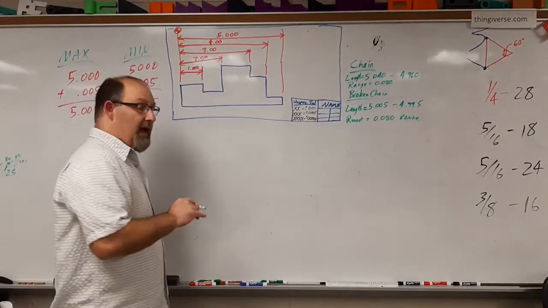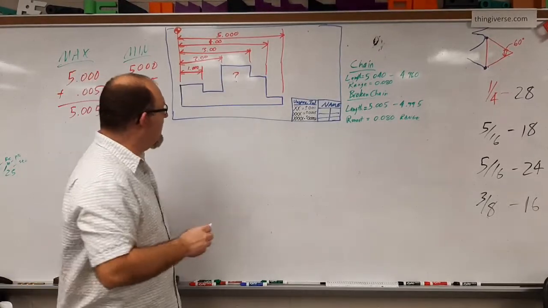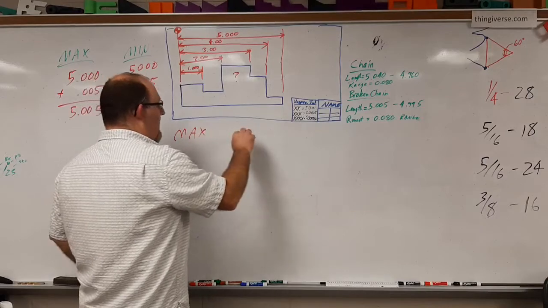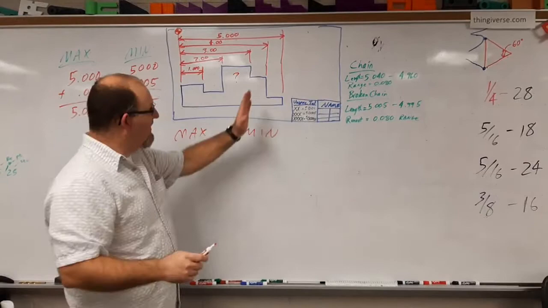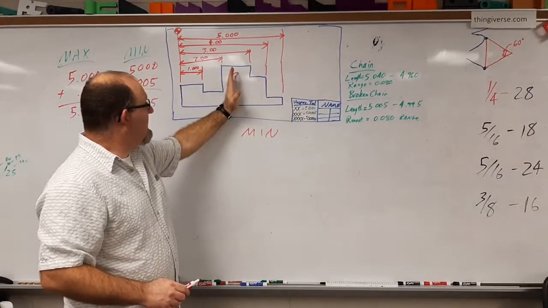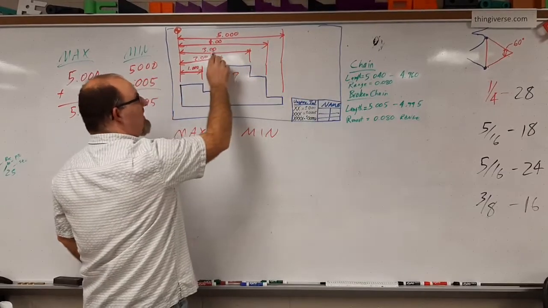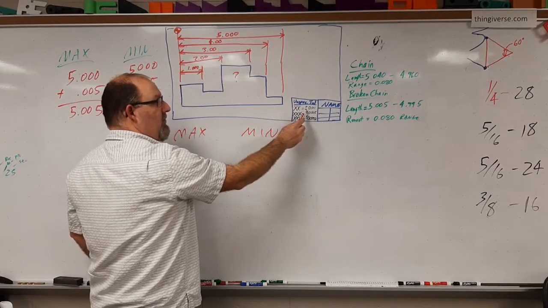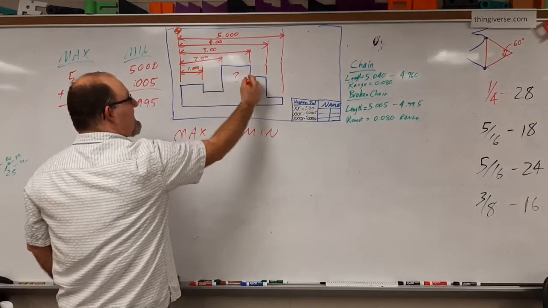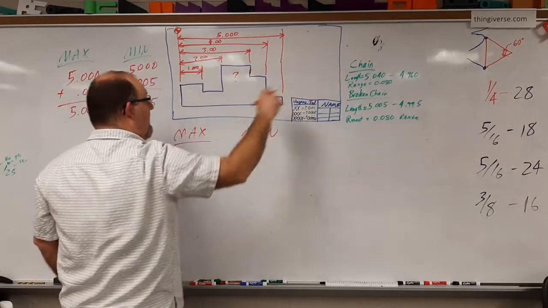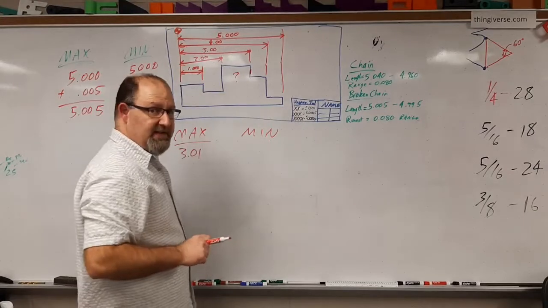I do want to go ahead and highlight, though, let's say we wanted to look at this one, and if we wanted to calculate the maximum and the minimum of this middle point, okay? We would do the same as what we saw in the previous video for that run out. Here in the middle point, the 3 would go out as far as it can, so that would be the 3.00 plus the 0.01, which is the unspecified tolerance. So for the maximum, we would take this edge right here, and we would put it as far as we can that way, which would be the 3.01, which is our 3 plus our unspecified tolerance.